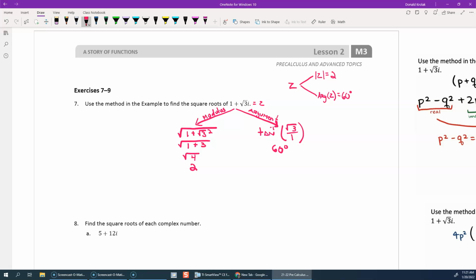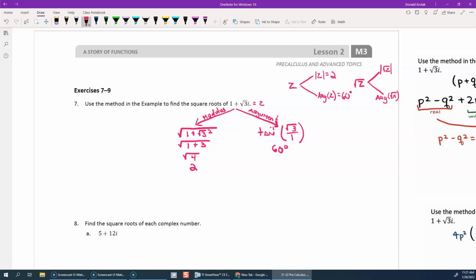Okay. All right. Now we want the modulus of the square root and the argument of the square root.